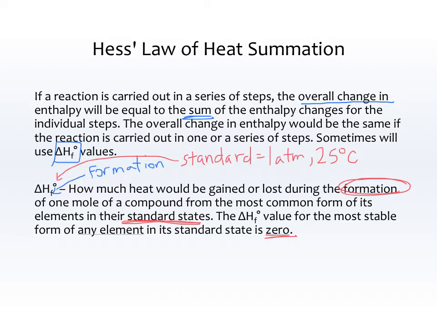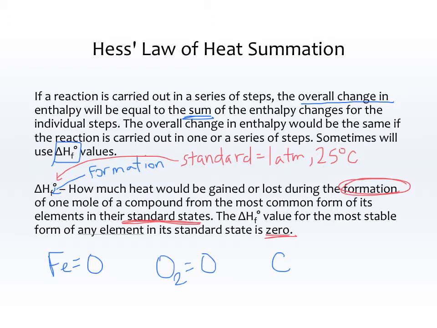So if you looked up the element iron, its delta Hf would be 0. Or if you looked up the element oxygen, its delta Hf would be 0. Even though oxygen is O2, that's the standard form of oxygen. For carbon, there's actually several. You can have carbon gas, or carbon diamond, or carbon graphite. If you look on your chart, find the carbon that's 0. Graphite.